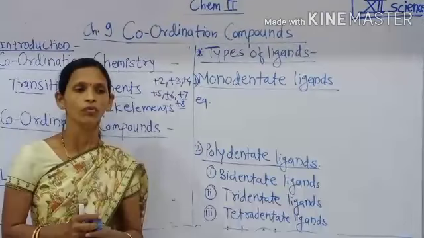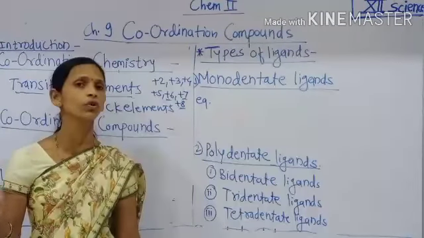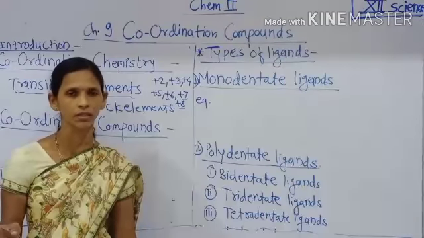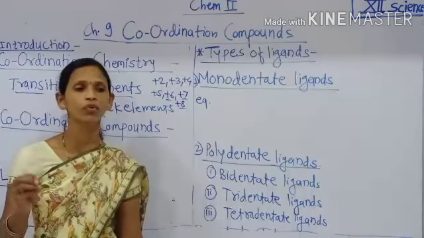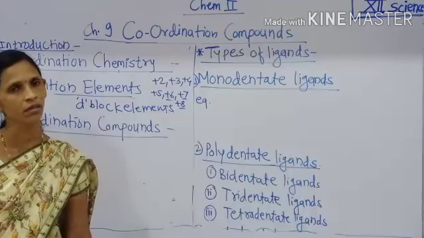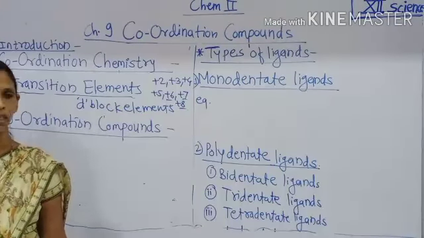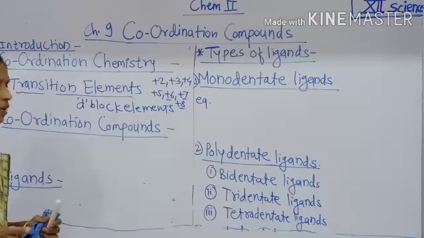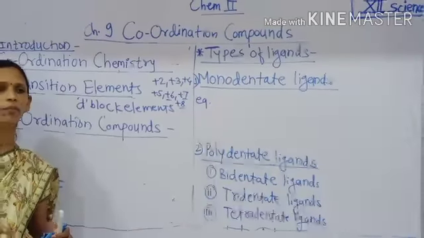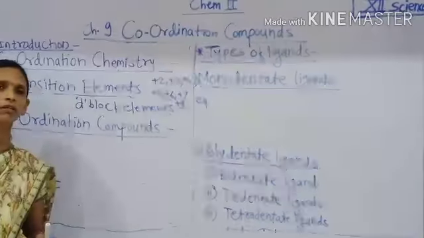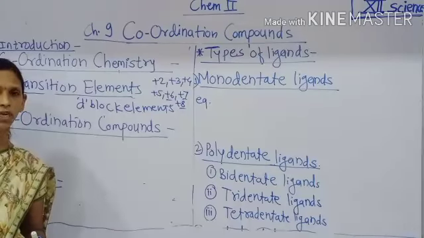Then see here, we find different types of coordination compounds in plants and animals, as well as in drug formation and dye formation, which are nothing but coordination compounds. The minerals present in plants and animals are nothing but coordination compounds or complexes.